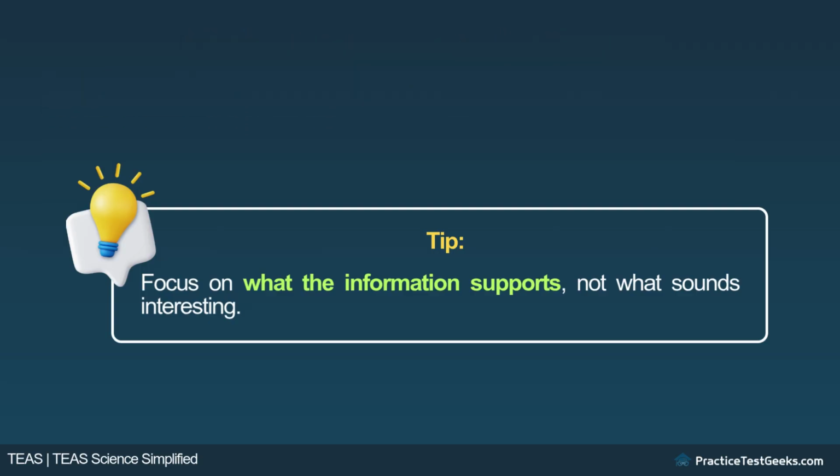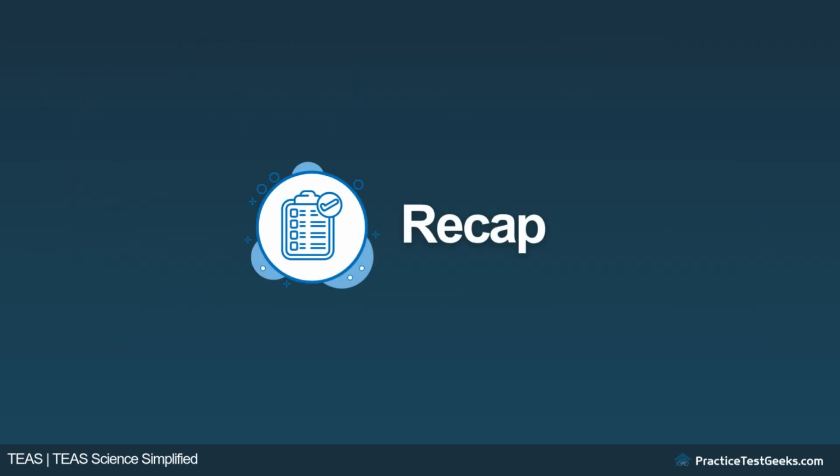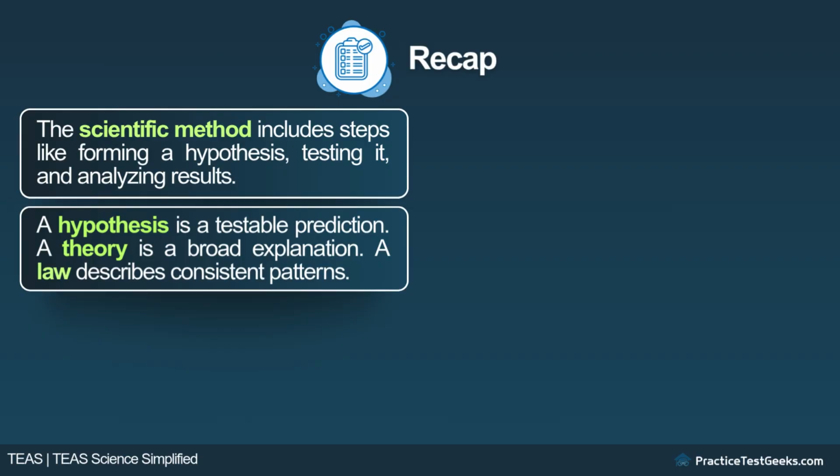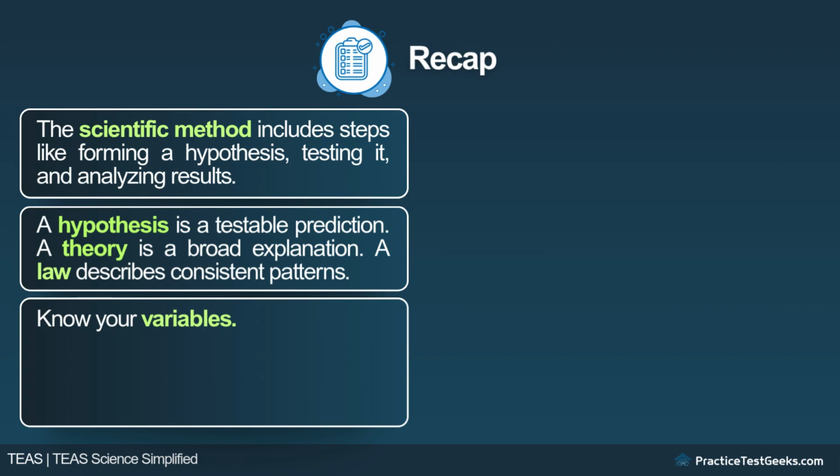Let's quickly review what matters most for the test. The scientific method is a process. Start with a question, form a hypothesis, test it, then analyze results. Remember, a hypothesis is a testable guess, a theory explains a broad idea, and a law describes a pattern that always holds true. Know your variables.